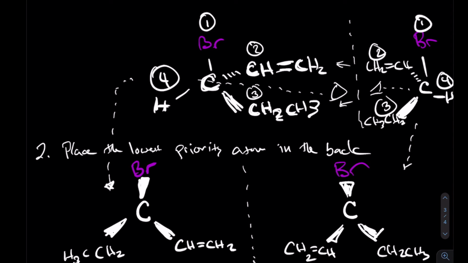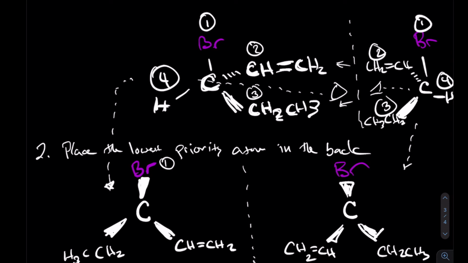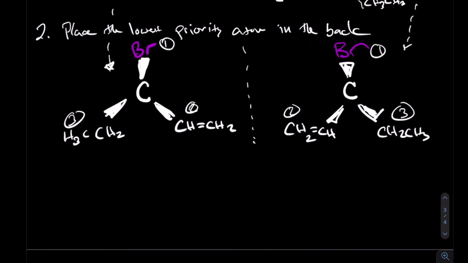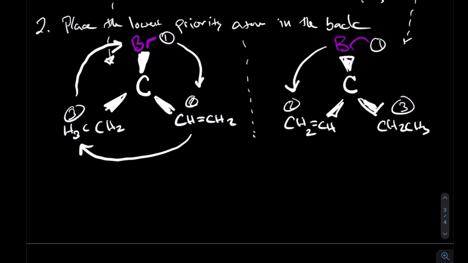So that allows us to go back and reassign our priorities. We said that's 1, that's 2, that's 3, that's 1, that's 2, that's 3. Now you draw an arrow from your, in fact that's off the scale, so let me bring that up because now it's going to become important. Now you draw your arrow from 1 to 2, from 2 to 3, and 3 back to 1. We can do that over here. 1 to 2, 2 to 3, and 3 to 1.